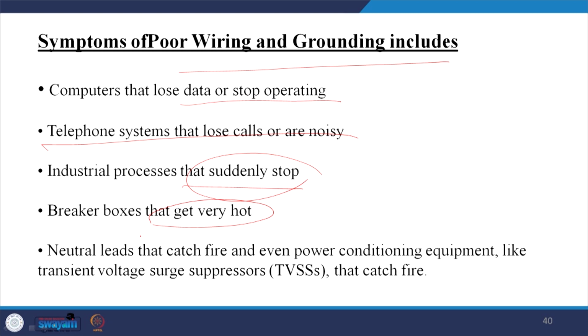Neutral leads, because all the current, because of the unbalance, will flow through the neutral, and neutral leads can catch fire. Even power conditioning equipment like transient voltage surge suppressors may also catch fire because of improper design and grounding.